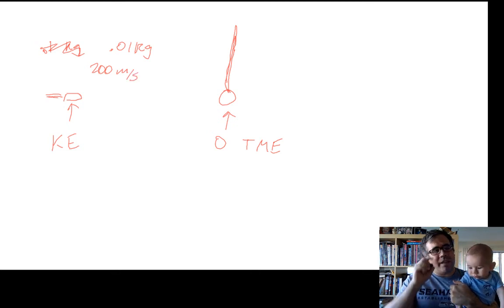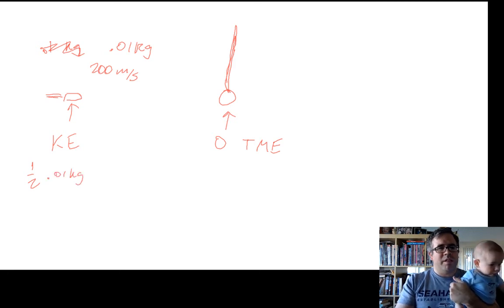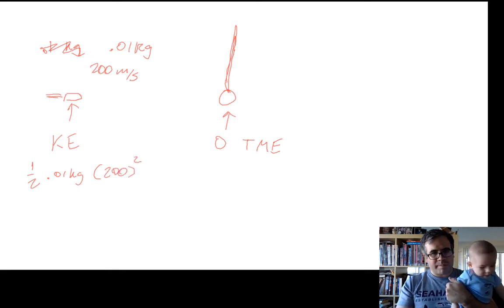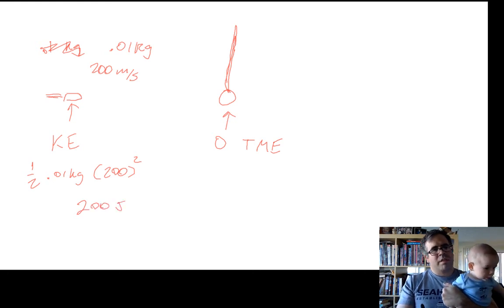I'm just making this up, trying to see what's reasonable for a bullet. So you find the kinetic energy, it's 1/2 times 0.01 kilograms, a very heavy bullet, times 200 squared. So that's like 200 joules, if I'm doing my math right.